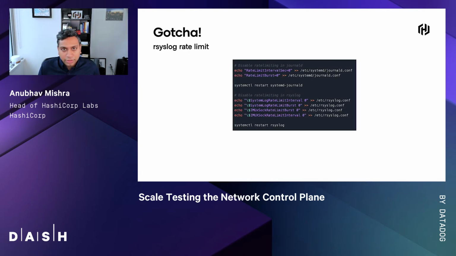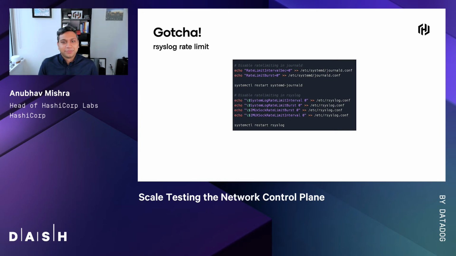All right, so there was a gotcha here. What we noticed is that at some point we didn't see logs coming into Datadog, and we were like, we are missing some logs here. And what we ran into is that we were producing a lot of logs, and so our syslog rate limit, which was set to whatever the default rate limit is, was hit. So essentially we were being rate limited at this point.